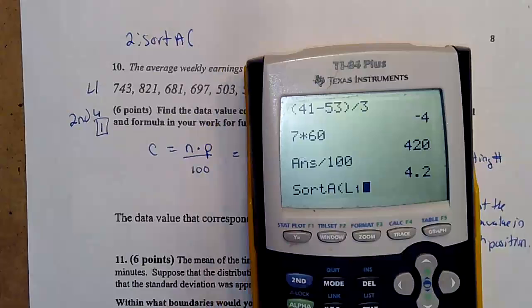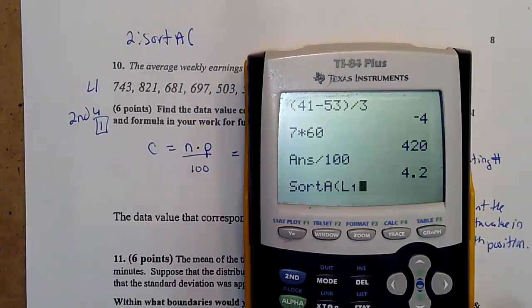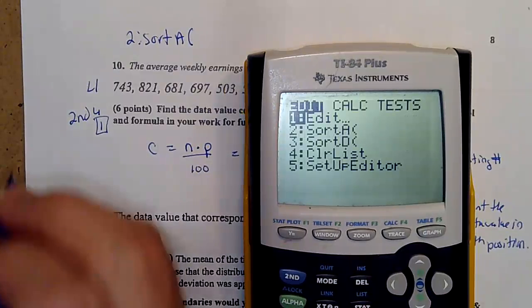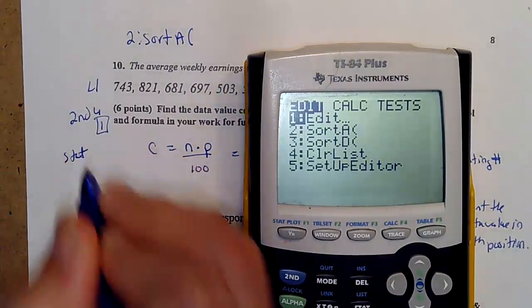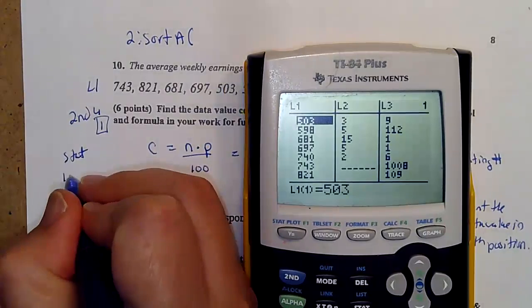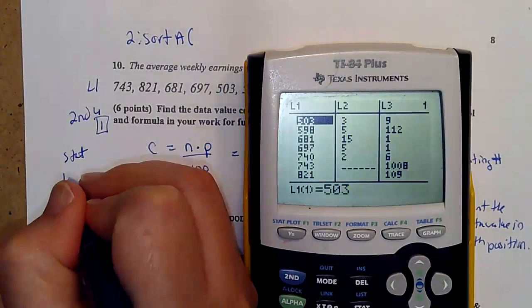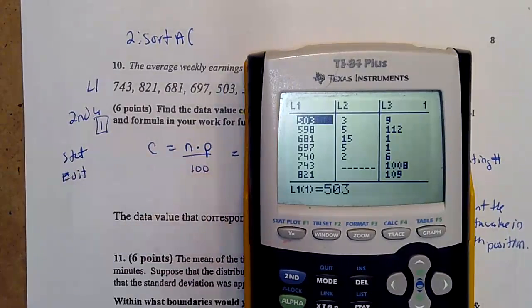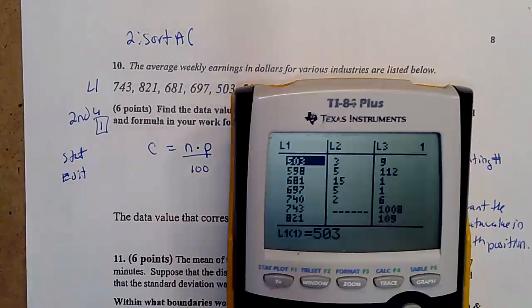You don't have to close parentheses if you don't want. It'll still give it to you. Then go back to stat and go back to edit, and let's see if it sorted it.